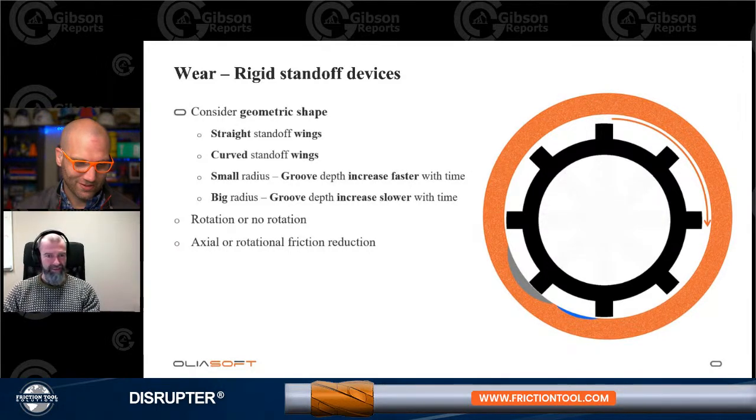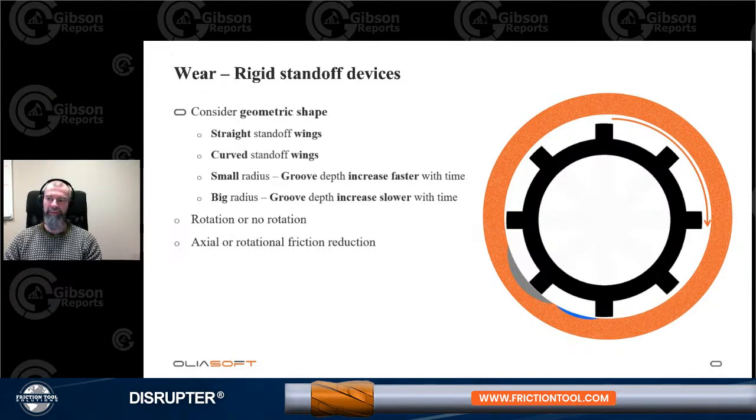Yeah. So now let's take a small look at what these standoff devices actually do with the wear. There is a plethora of standoff devices, right? From rigid ones that you can mount onto a normal piece of pipe, to ones that are part of a component, a standoff device that is basically the same as a drill pipe but with its own standoff wings.